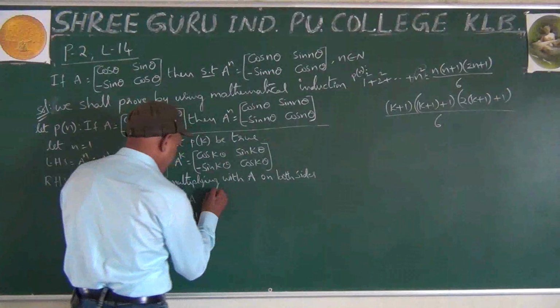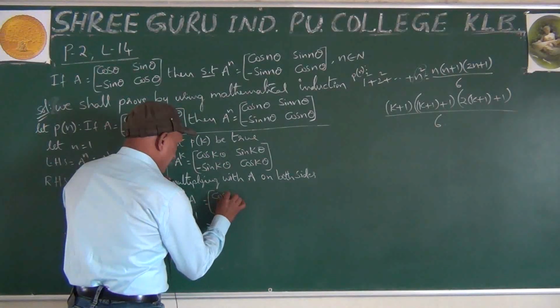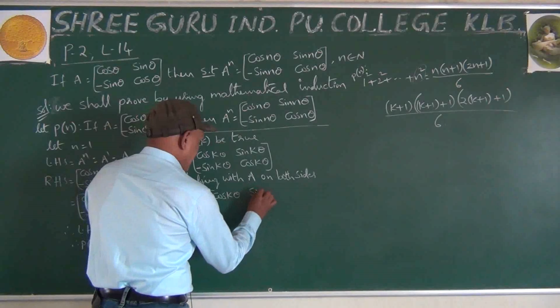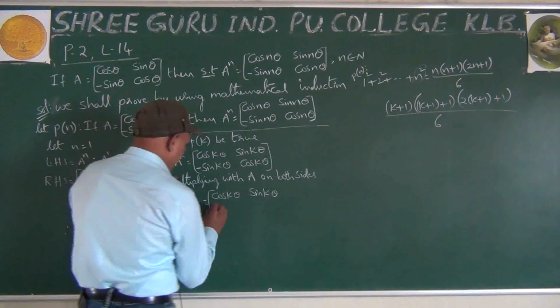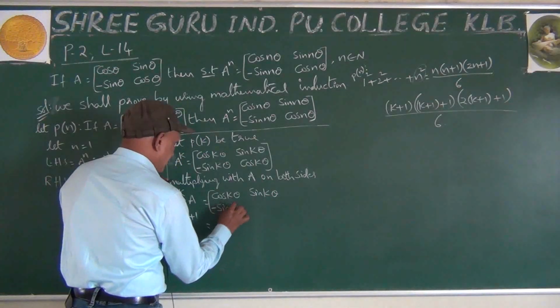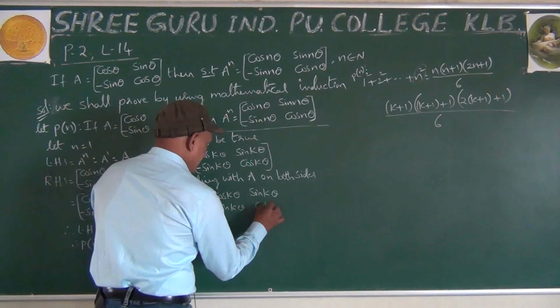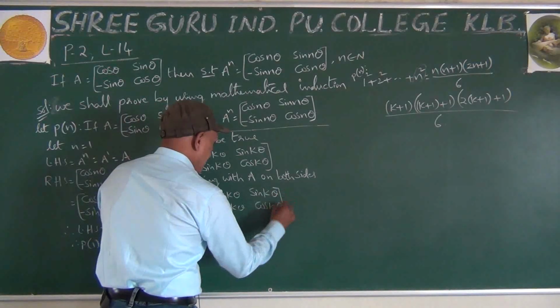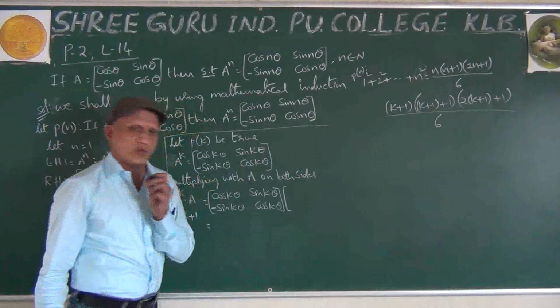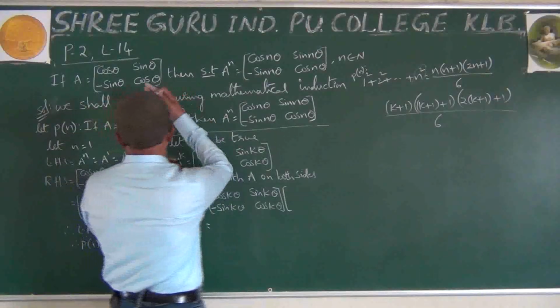This side: cos k theta sin k theta minus sin k theta cos k theta into A. What is A in the question they gave?